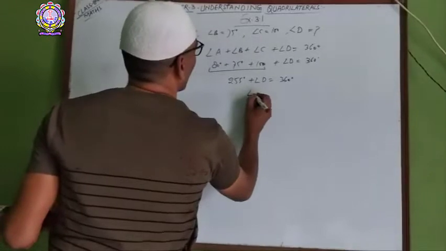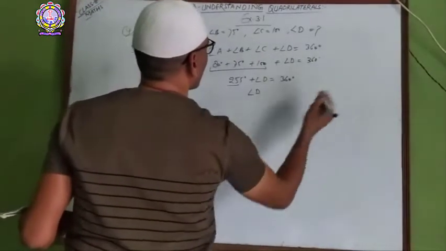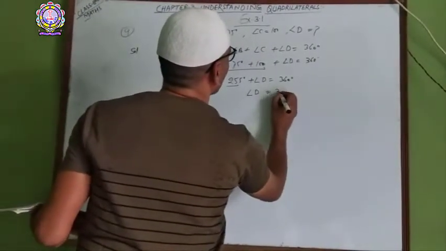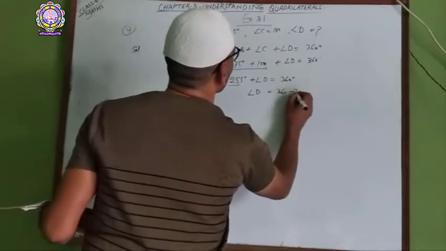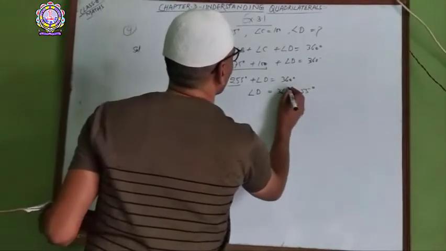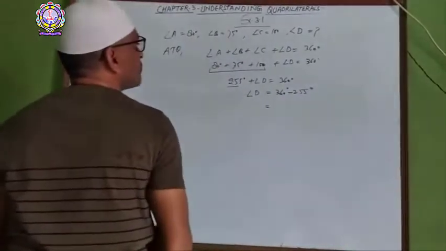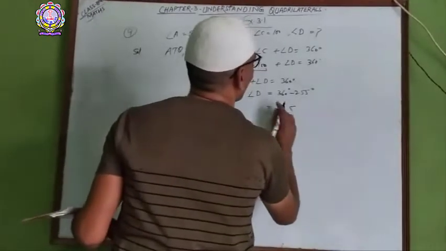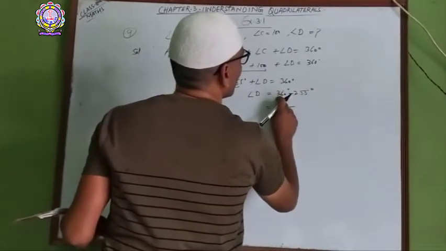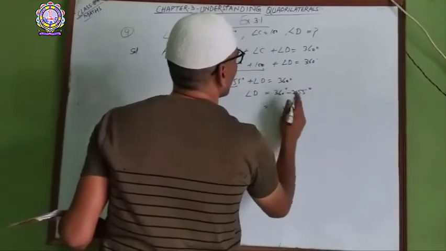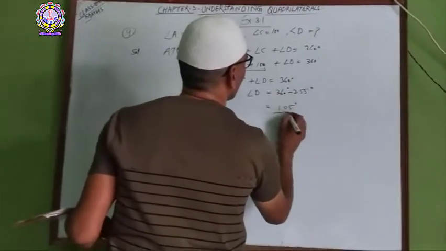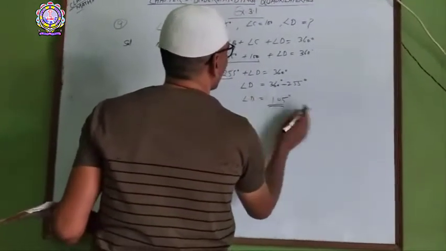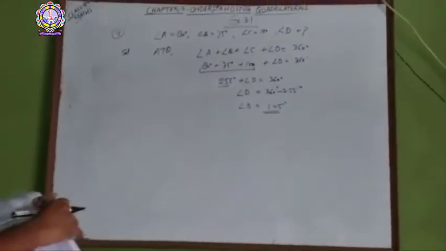Okay. Now transpose this number to the right hand side. This will be equal to 360 minus 255 degrees, that will be equal to 105 degrees. Angle D is 105 degrees, which is the answer.